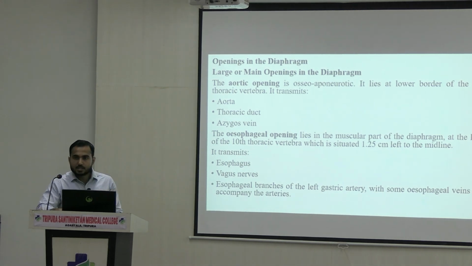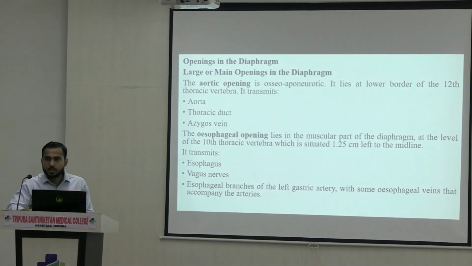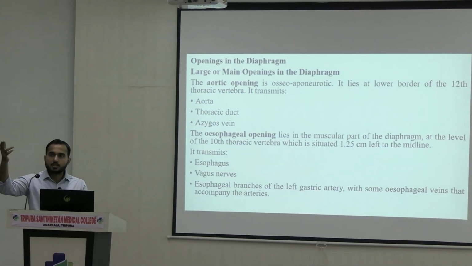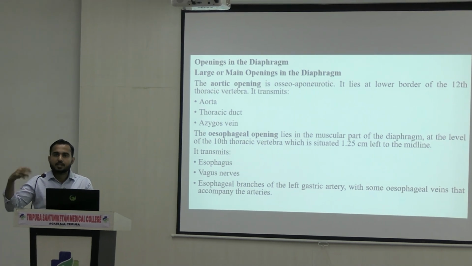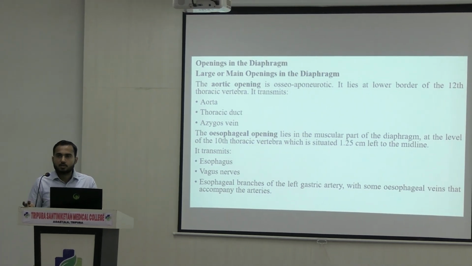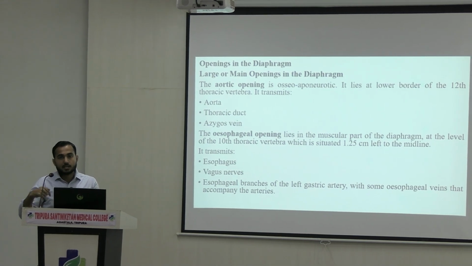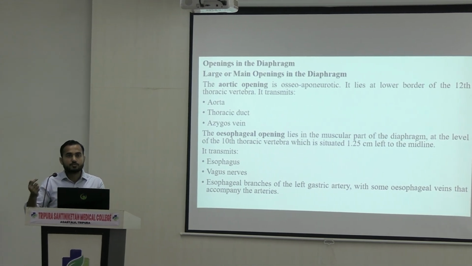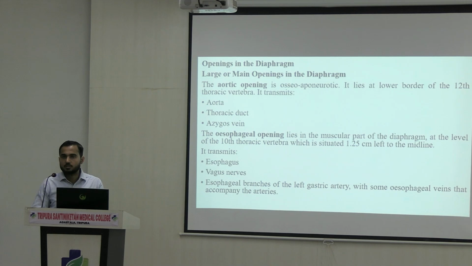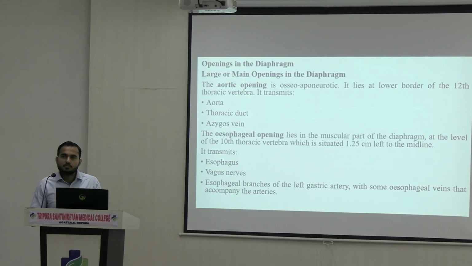Next, there are some openings in the diaphragm, because we know the diaphragm separates the thoracic and the abdominal cavity. Several structures go from the thoracic cavity to the abdominal cavity, and some go from the abdominal cavity to the thoracic cavity. Most of the structures are descending. Can you name some structures which are ascending?